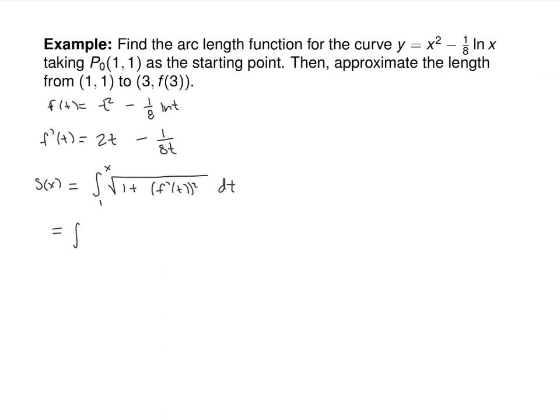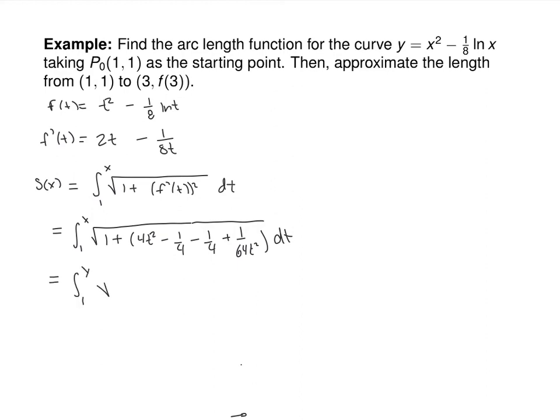So 1 to x root 1 plus, now when I square out that expression, I've got 4t squared minus a quarter plus 1 over 64t squared. That minus 1 quarter makes negative 1/2, which plus that 1 makes positive 1/2.